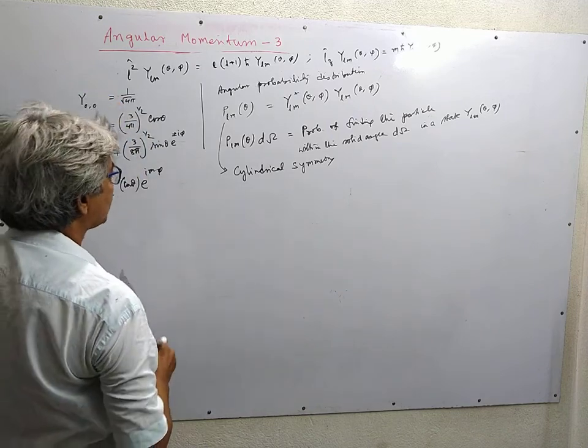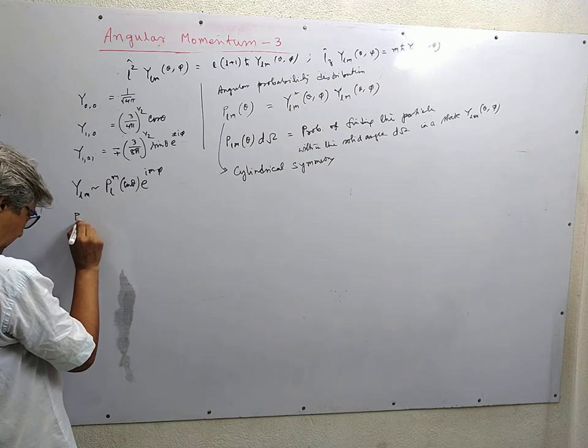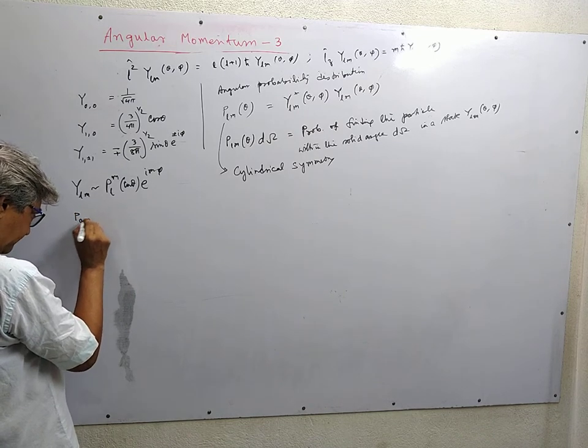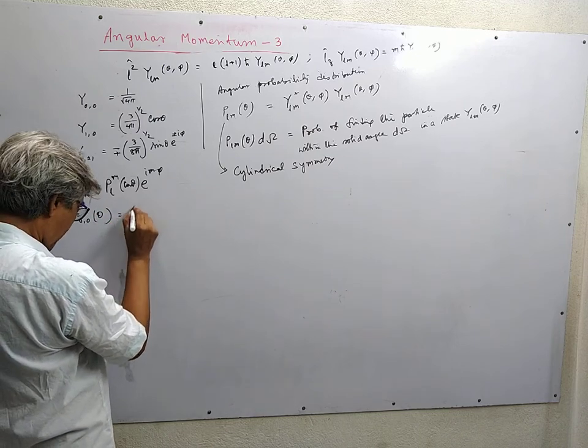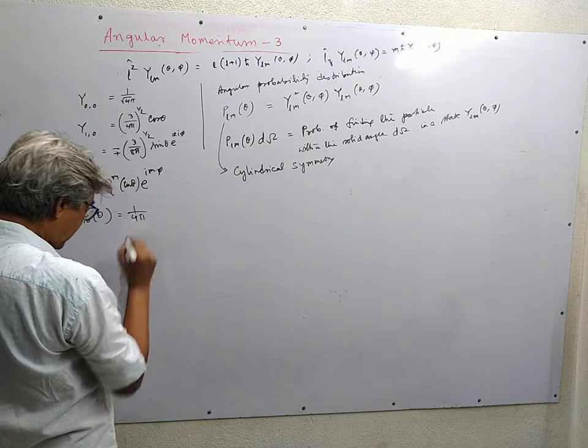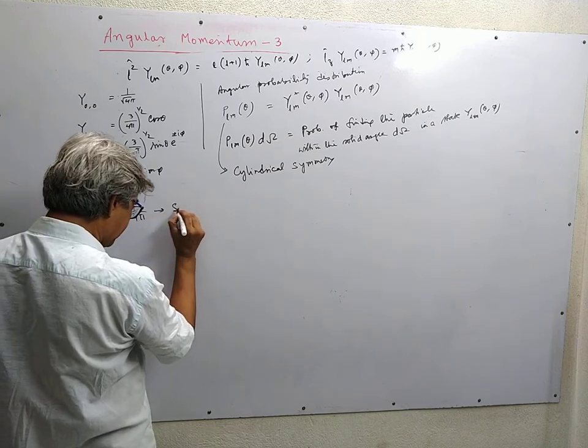So the angular probability distribution has cylindrical symmetry. Let me find the angular probability distribution P00 of theta. We see that it is 1 by 4 pi. So apart from cylindrical symmetry, it has spherical symmetry too.